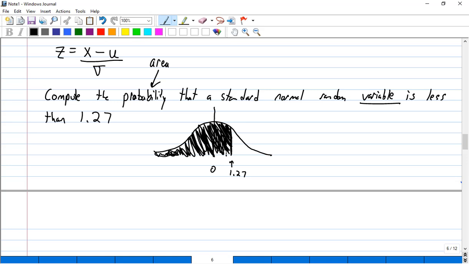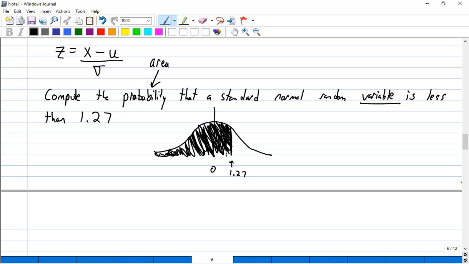The way that these tables work is they will always give you the area cumulative from the left side of the curve all the way up to the z-value that you're at. Okay? So if I look up a z-value of 1.27, it will give me the area from the left all the way up to that value.